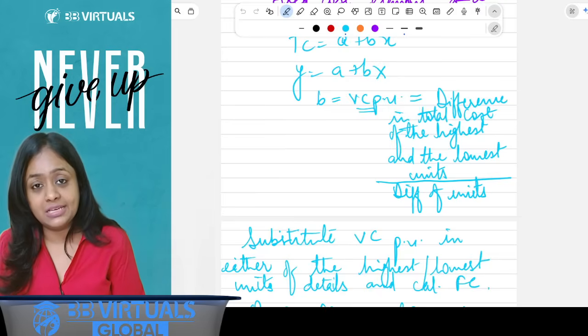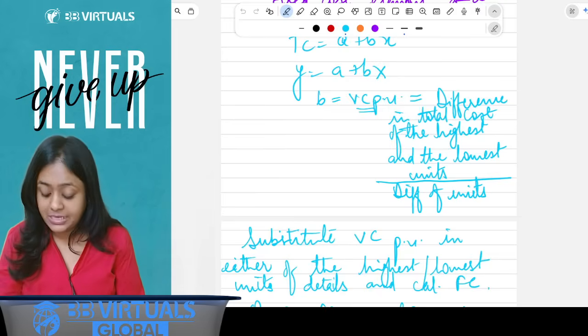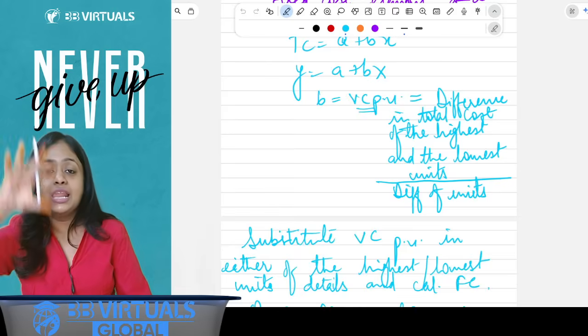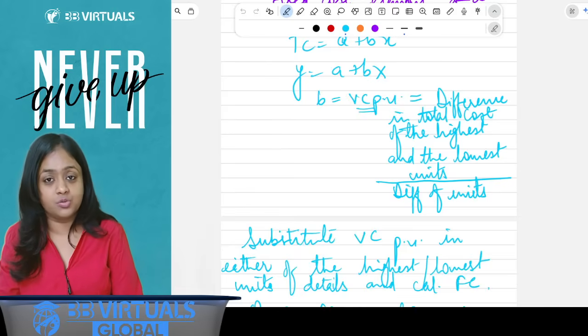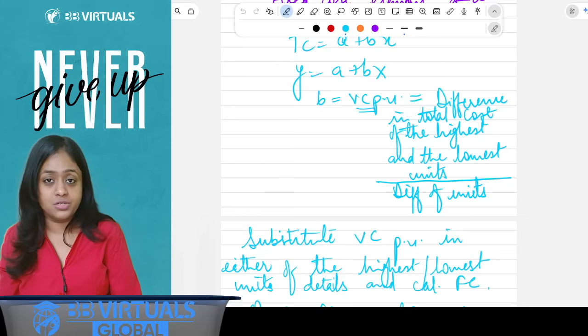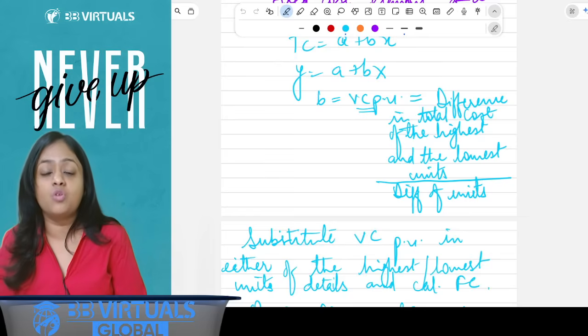So for calculating the variable cost per unit, we will take the difference between the total cost for the highest units less total cost for the lowest units, divided by highest units less lowest units. When you do it, you get variable cost per unit.